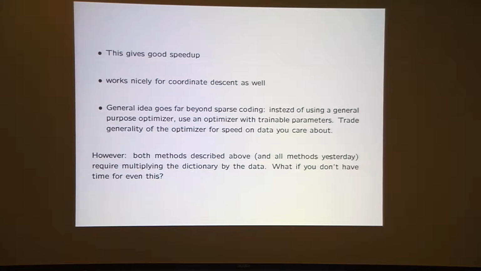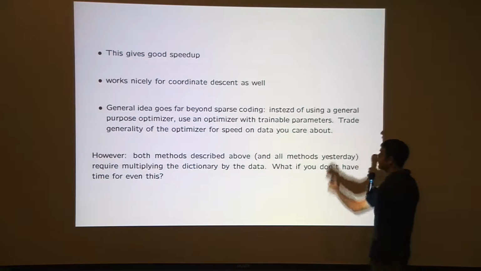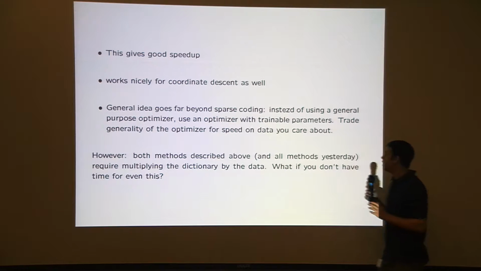If you look at coordinate descent, when you've done this, it actually has a very nice form. There are just max operations, and you subtract off rows of Q from the current iterate. So every operation is a column operation. You can do the same thing for coordinate descent, and it works well.